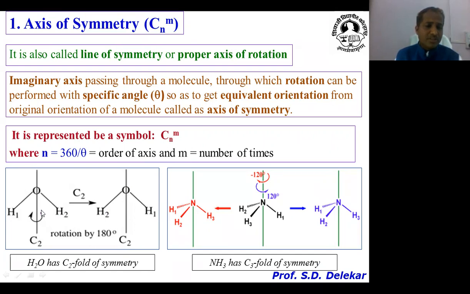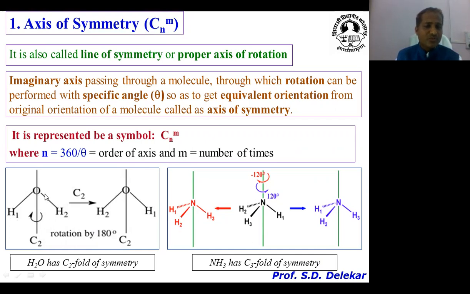If we perform the rotation in the anti-clockwise direction with theta, the angle of rotation, equal to 180, we get a new orientation. This new orientation is equivalent to the original orientation, and because of this, the axis is called an axis of symmetry.